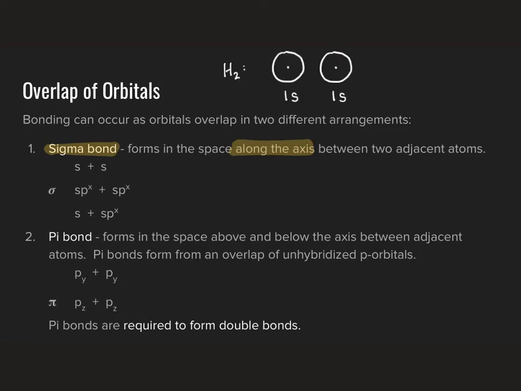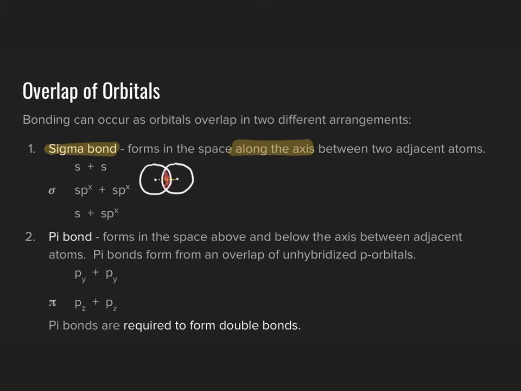So if we go back to our hydrogen molecule model that we started off this lecture with, if I overlap the 2 1s orbitals of those hydrogen atoms, you'll notice that the position where the overlap of the orbitals occurs is directly in the space along the axis between the 2 adjacent atoms. So 2 s orbitals will form a sigma bond.